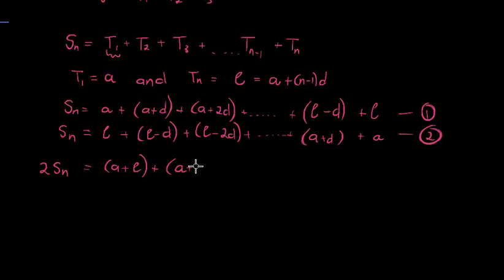A plus L. What will this one simplify to? A plus L. What do you think all of these terms in the middle are going to be? A plus L. What is the last term? A plus L.